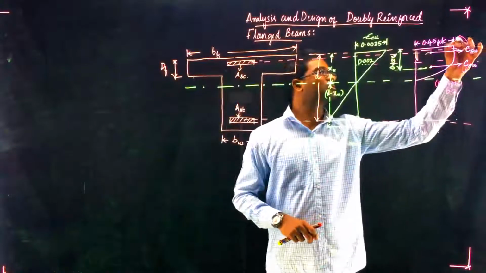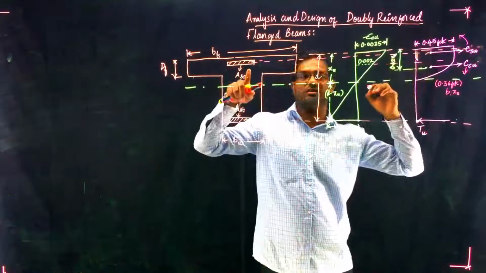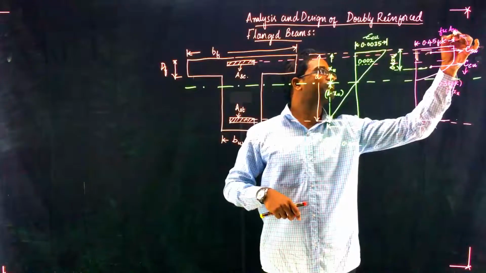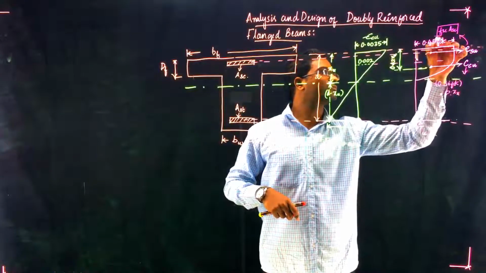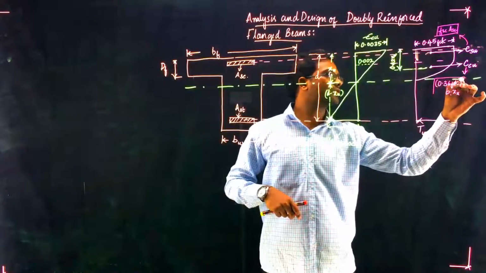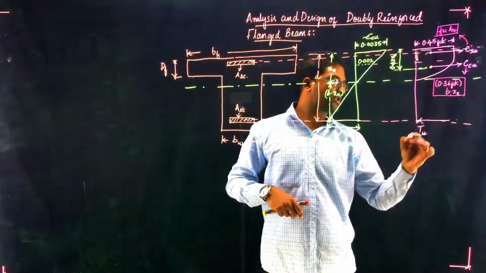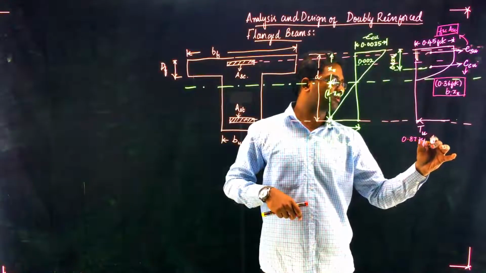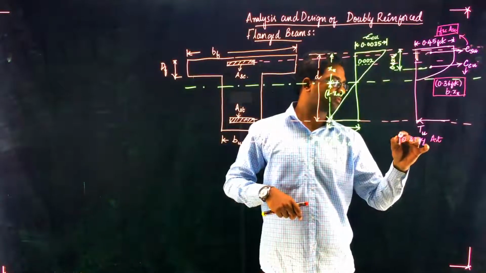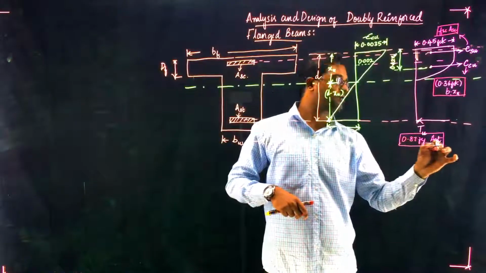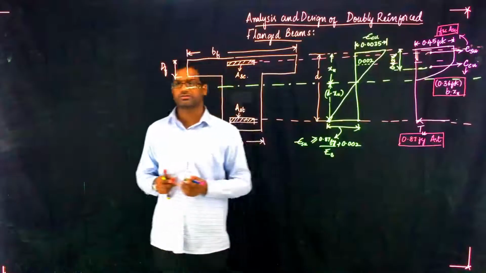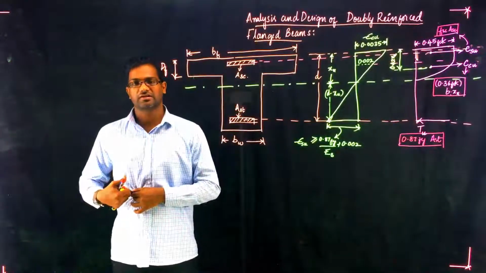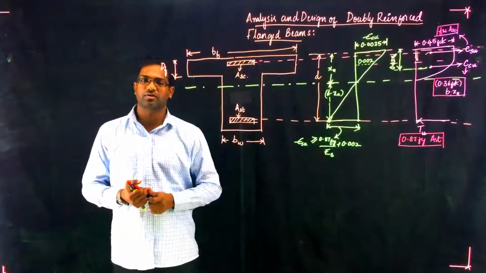And the force due to steel is given by Fsc. This is the force value and this is the force value, and this value is given by 0.87 fy into Asc. Now if we note these force values, by variation of neutral axis we can easily evaluate the moment of resistance.